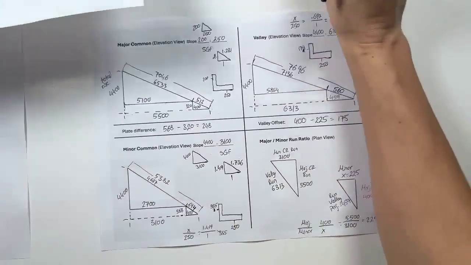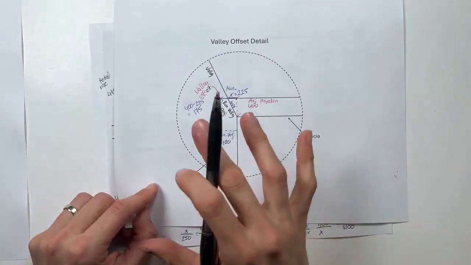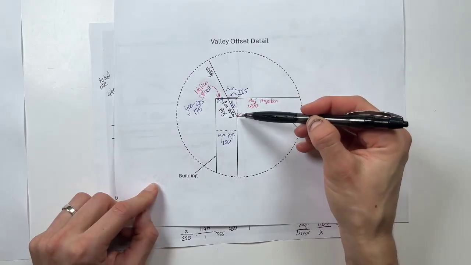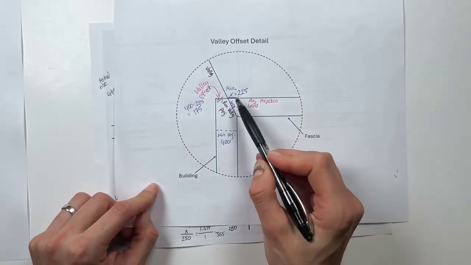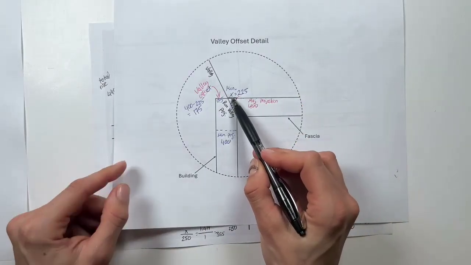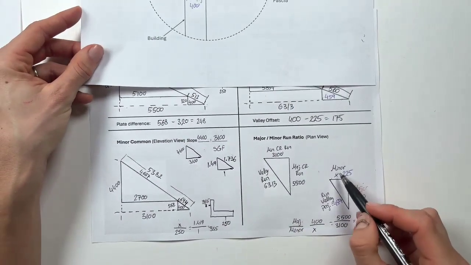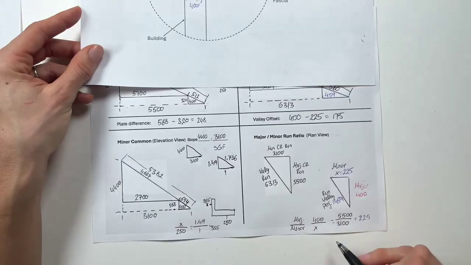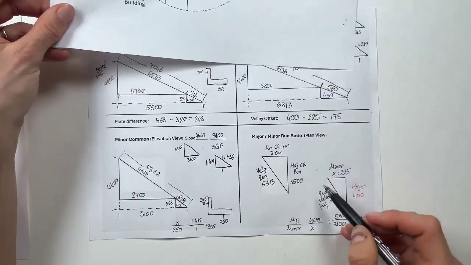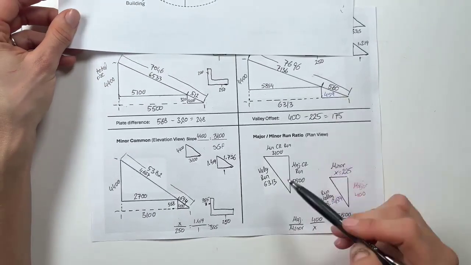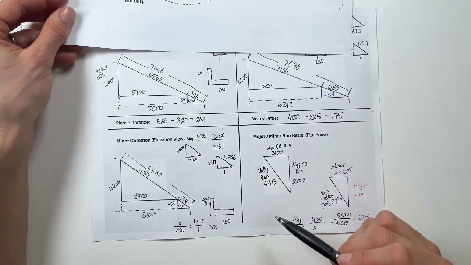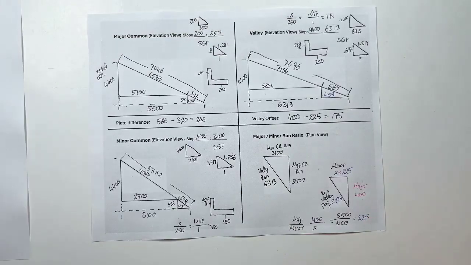And that's where we use the more detail, where we use the projection and we compared the projection from the major to that little chunk of the minor to find out what that X number is, to then do Pythagorean to find the run of the valley. Once we add the run of the valley, we can actually find the overhang. So I hope that makes sense and is helpful. And I'll see you next time.